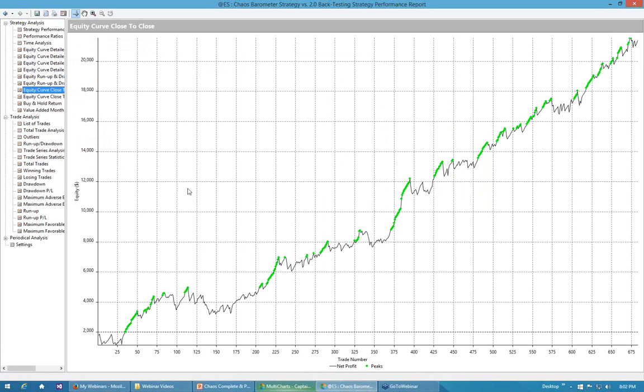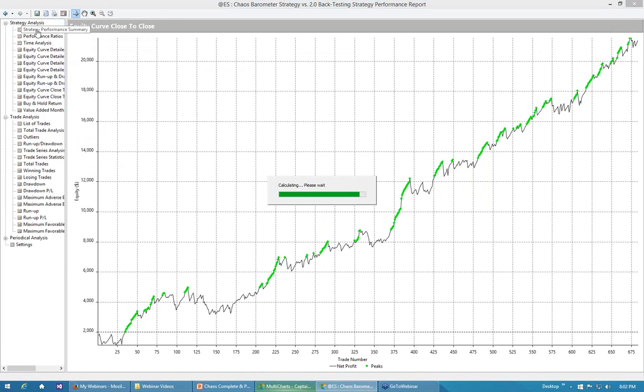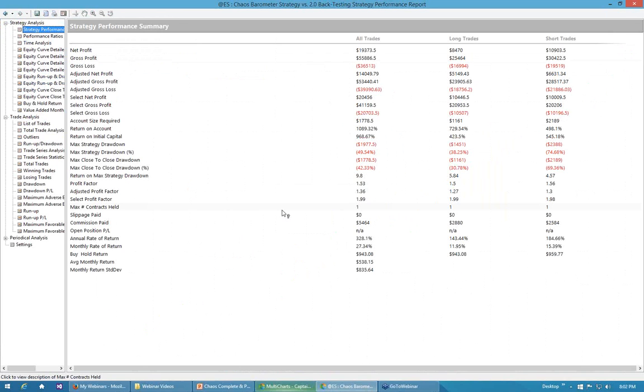It's taking very low risk. If you look at the overall performance summary, we're getting a good return. The account size required is extremely low, per contract, 1778.50. The drawdowns are low, and you can see that the commissions are factored in. What we have is a really good operating trading system.